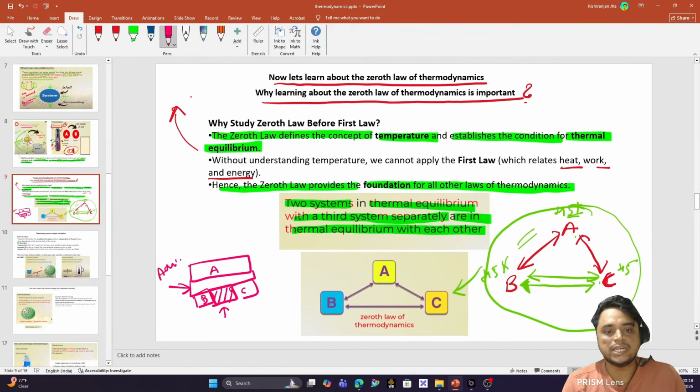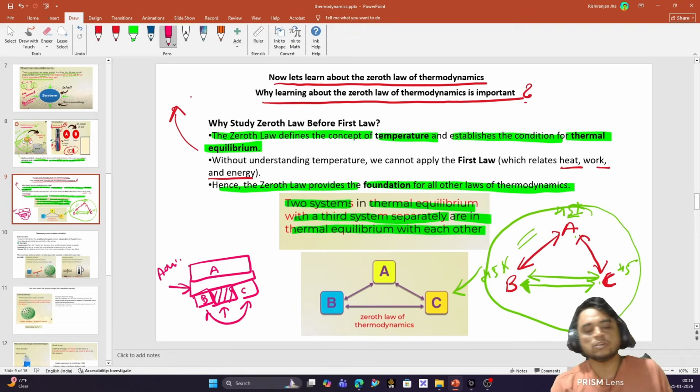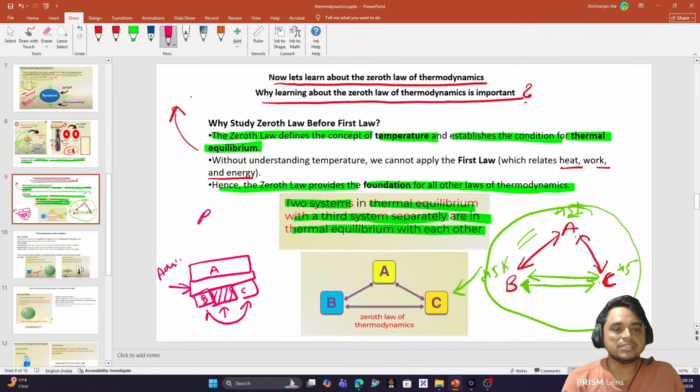And why is there no heat exchange between them? Because they are already in thermal equilibrium, right? Because of the previous example that I told you, A was in thermal equilibrium with B and A was in thermal equilibrium with C. So now B is in thermal equilibrium with C.